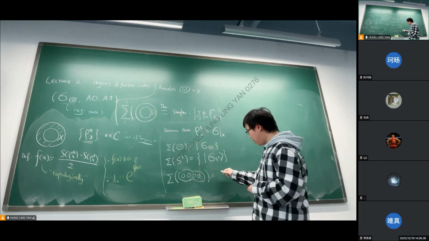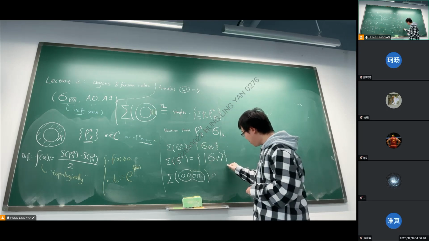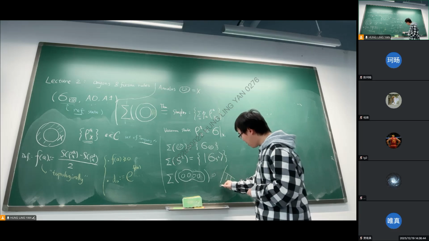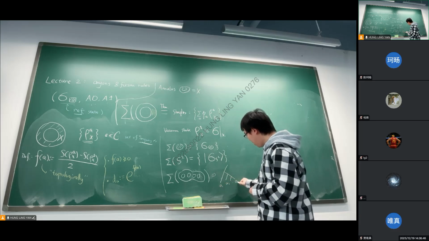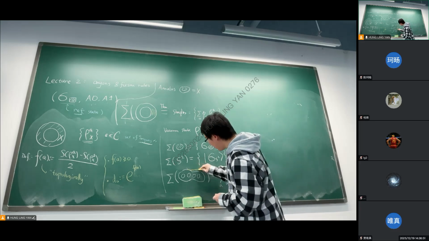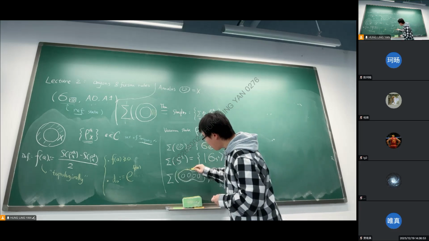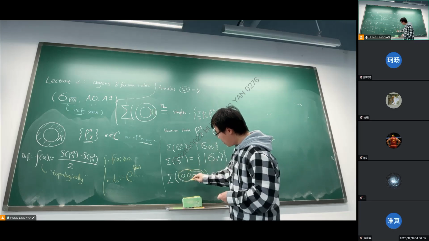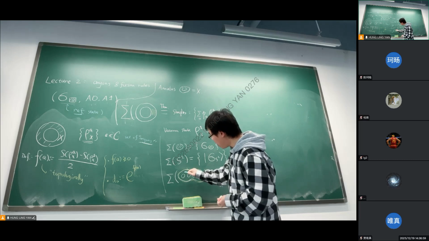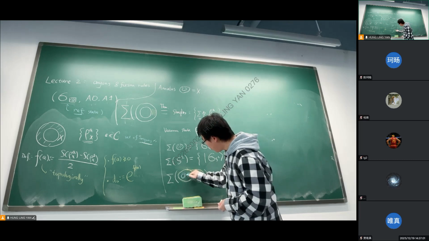This is related to some fusion properties. Imagine you have some region. The boundary of the region is a union of a few annuli.